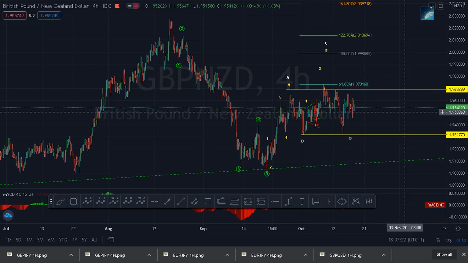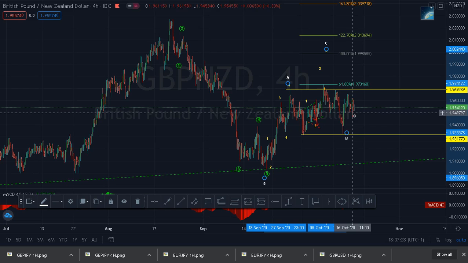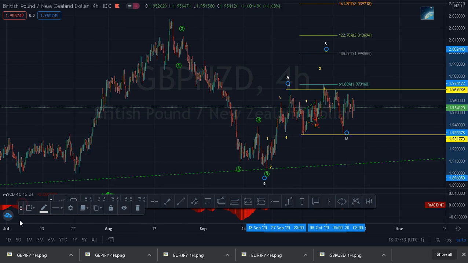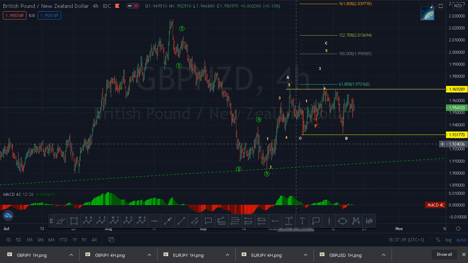So what I'm trying to say, this B might be here. This might develop in ABC format. B can develop into whatever it likes. B and X, always complex.